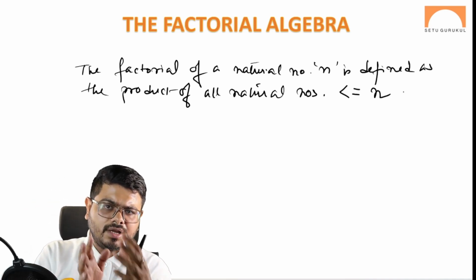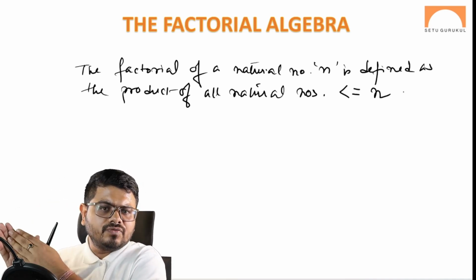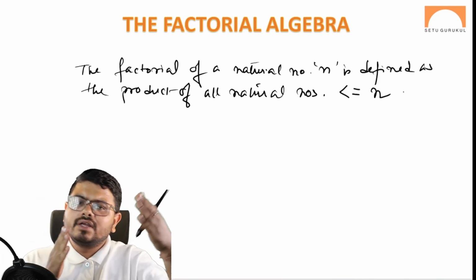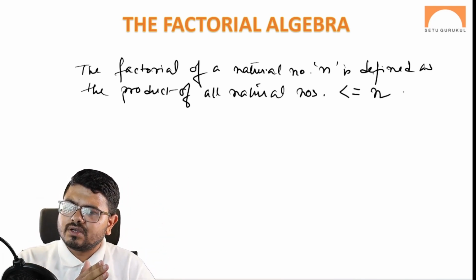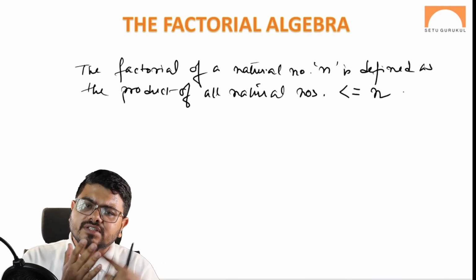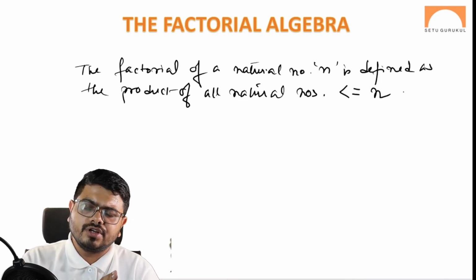So if you have a number n, like 5, factorial of 5 is 5 times 4 times 3 times 2 times 1. Factorial of 7 is 7 times 6 times 5 times 4 times 3 times 2 times 1.